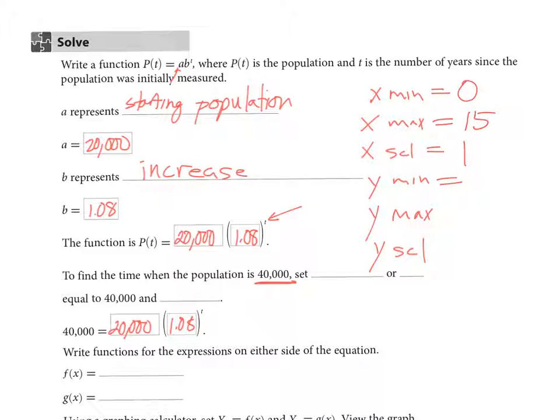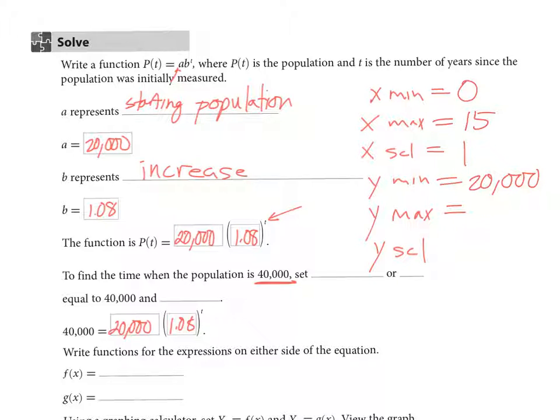Y-min. What's the minimum value we can have for a Y? Well, what does Y represent here? The number of elk. Exactly, the population of elk. What's the minimum we have? 20,000. We started off with 20,000. What does my Y max need to be?